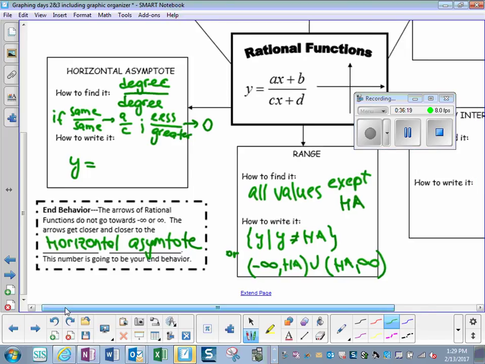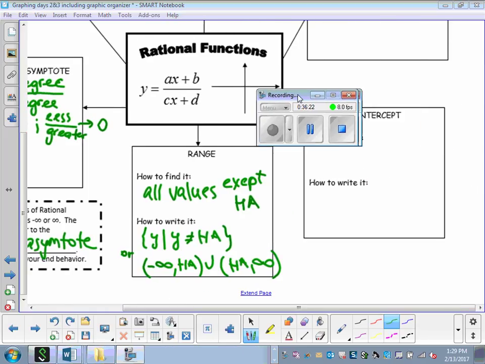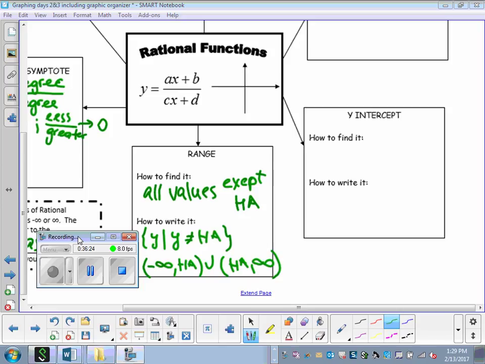Good? Now going to the right. Y-intercept and x-intercept, nothing changes. Just as before, for the y-intercept, it's where my graph crosses the y-axis. So what I need to do is plug in 0 for x.